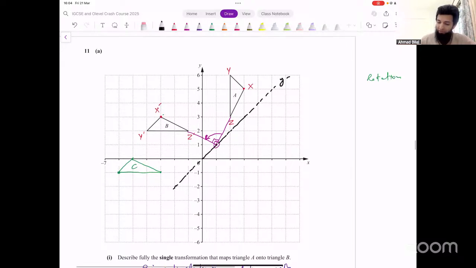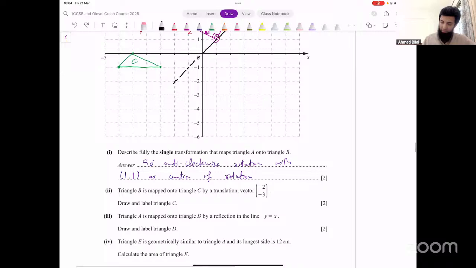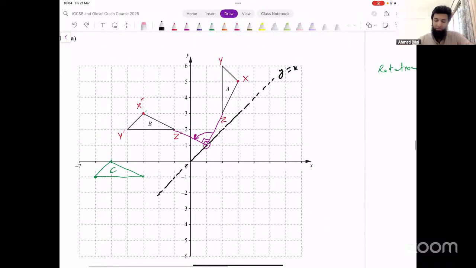You have to reflect triangle A in this line. Okay, how do we do that? So now we have to look at diagonal distances, right? X is 1 unit away diagonally. It goes to the other side, 1 unit away. This is going to be the corresponding point for X. Y is 2 units on that side.